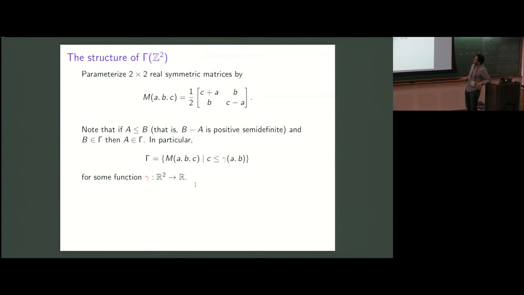So that means one way to think of gamma is as the region below the graph of a certain function, lowercase gamma, and that function lives on the plane of traceless 2 by 2 symmetric real matrices. So I'm going now to dimension 2 for the simple reason that that's the dimension where, with a lot of effort, we can prove an exact description of gamma.